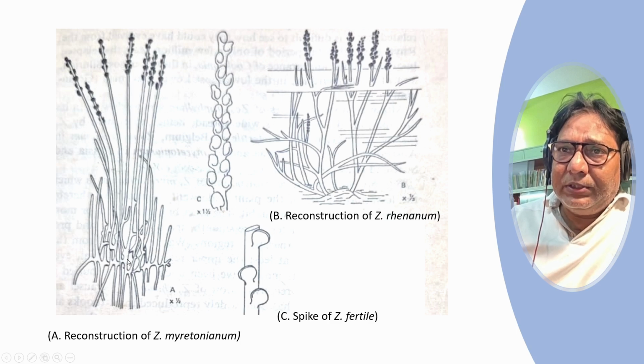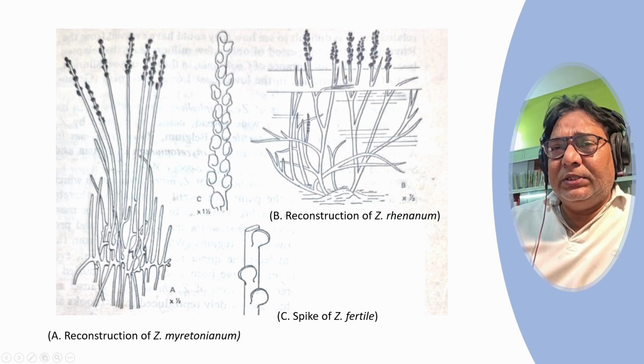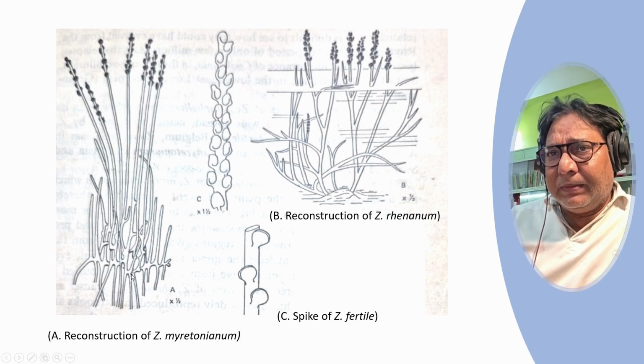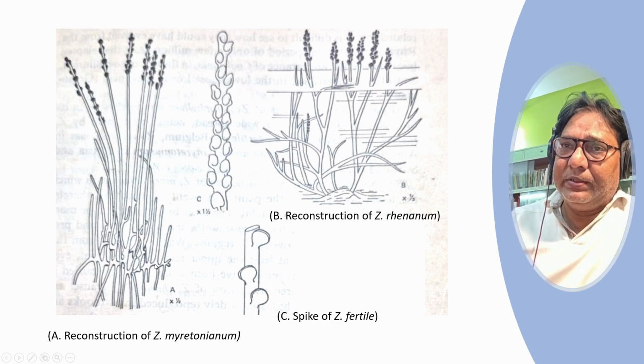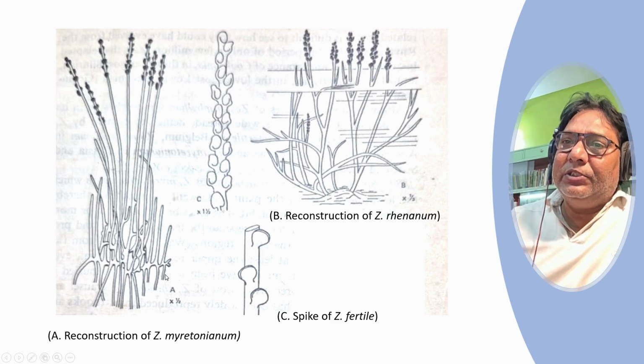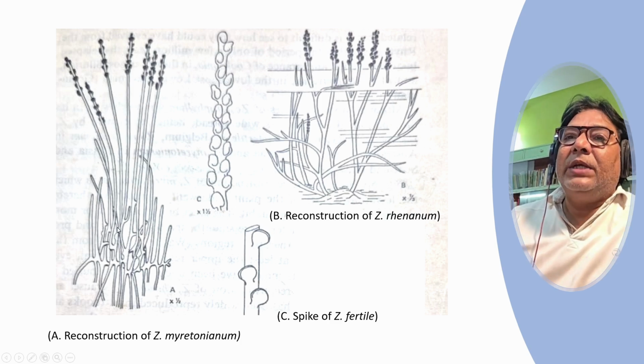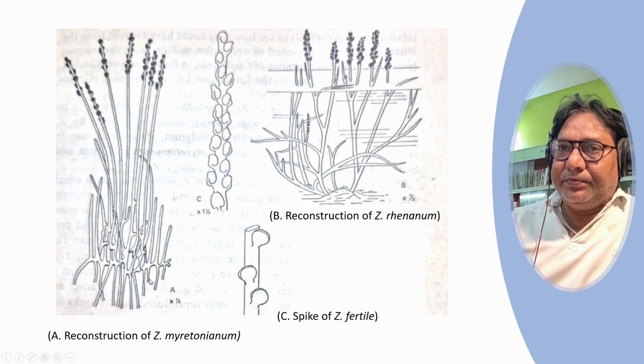Every time the branching takes place, it is very much tufted. The branching is profuse, and sometimes it is K-like or H-like. Can you understand? This is K, looks like the letter K of English. This one looks like the letter H, isn't it? So that is what is called H-type or K-type branching pattern.